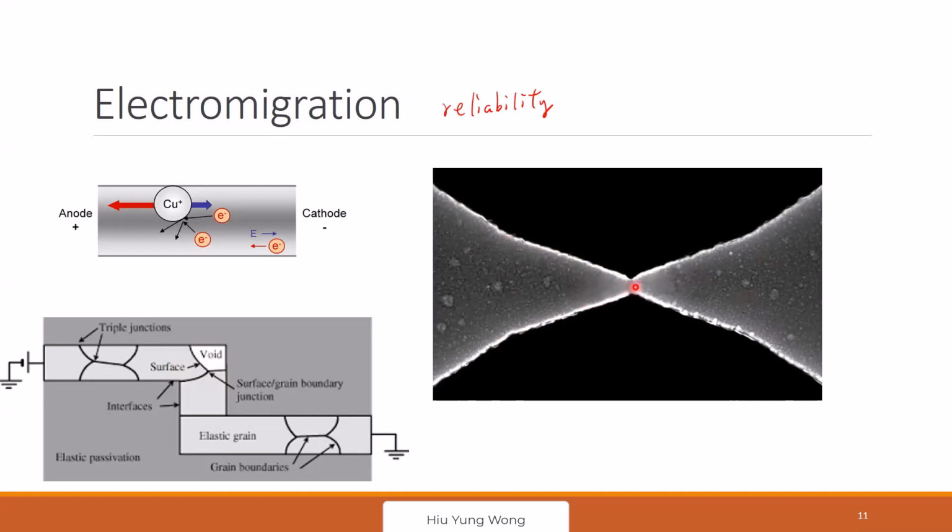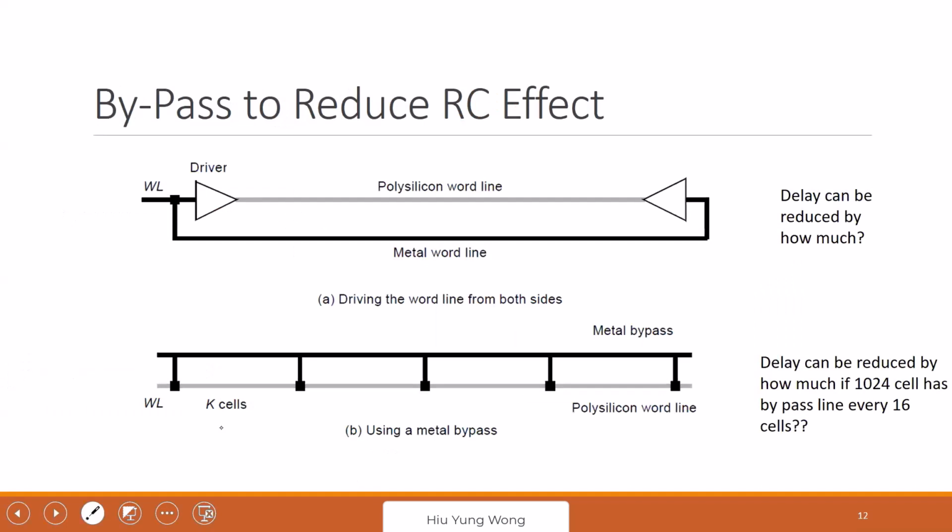They are just showing that when you have a very small constricted area, just by passing the current, you will break this bridge, but not the void here, for what I know. Okay. But electromigration is fine.